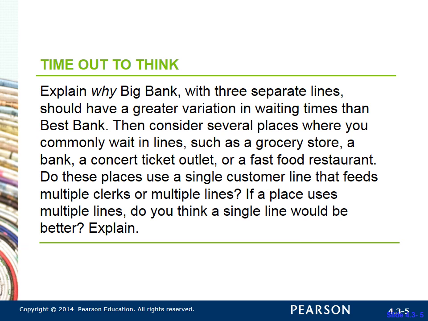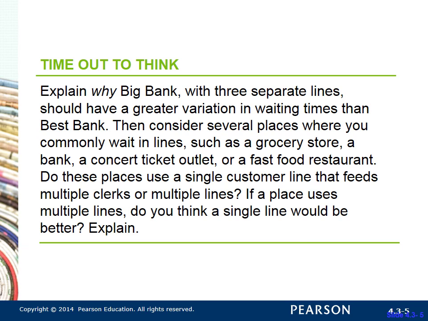All right. So why should Big Bank with 3 separate lines have a greater variation in times? Consider the several places where you commonly wait. Do they use a single customer line that feeds or multiple lines? And I already gave my opinion on this.